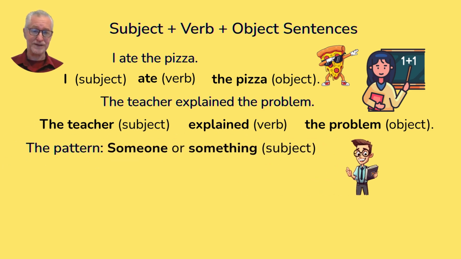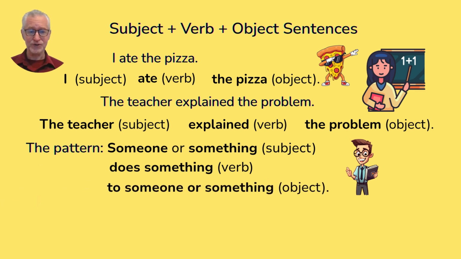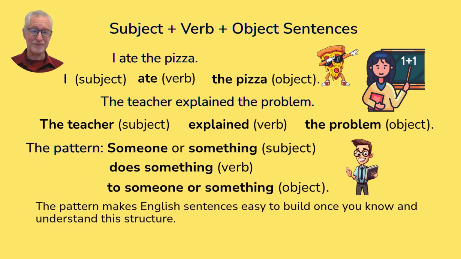Someone or something, the subject; does something, the verb; to someone or something, the object. The pattern makes English sentences easy to build once you know and understand this structure. Be sure to learn it, memorize it, and practice it. It'll make your English so much easier.